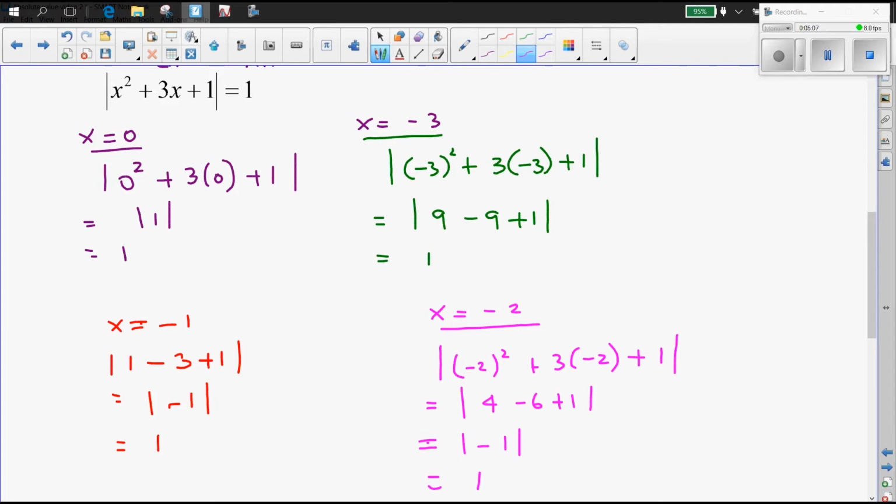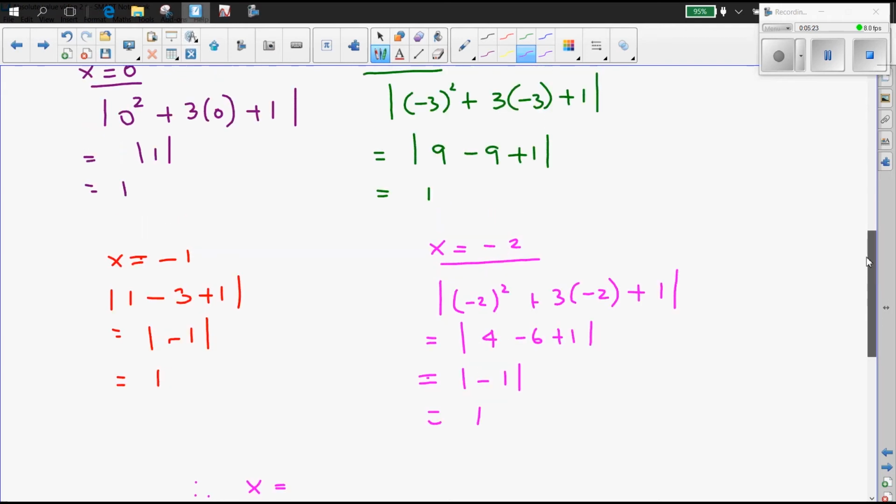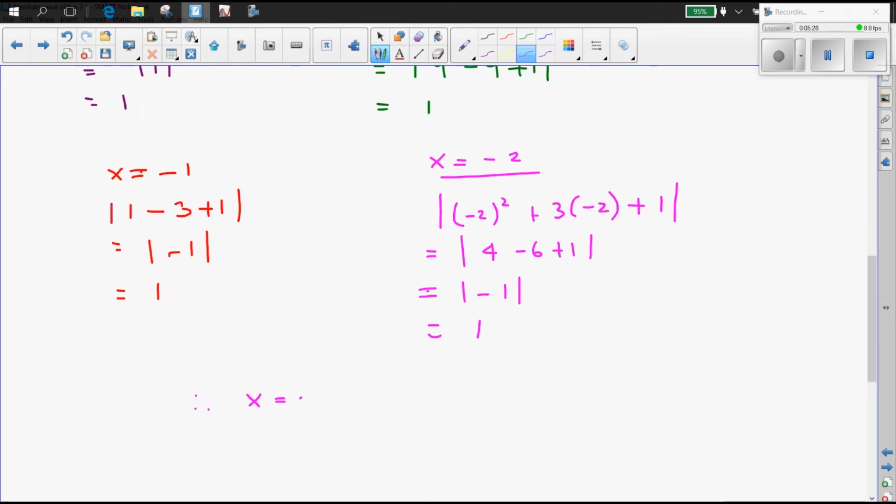So all 4 solutions are valid. Therefore, my solutions are, let's just scroll up and have a look: x equals 0, x equals negative 3, or x equals negative 1, or x equals negative 2.